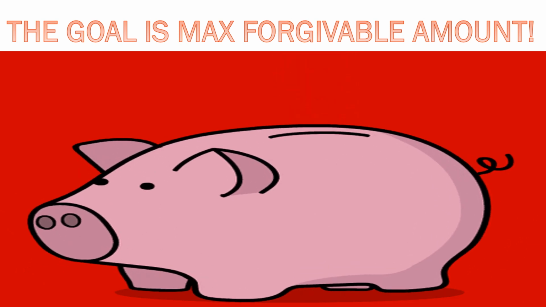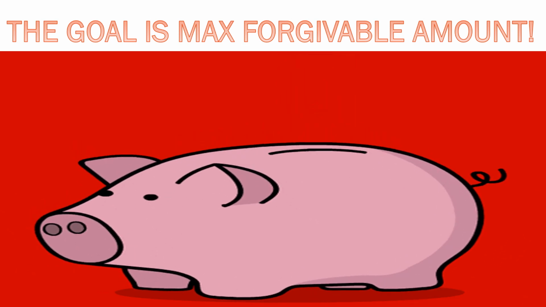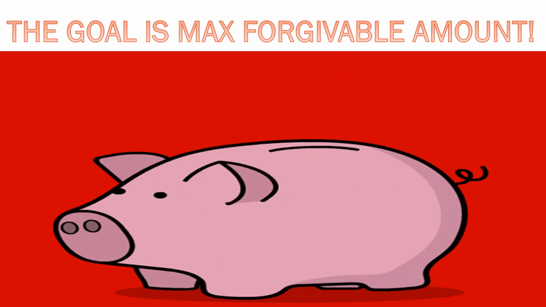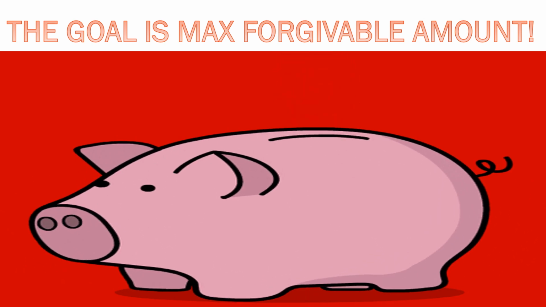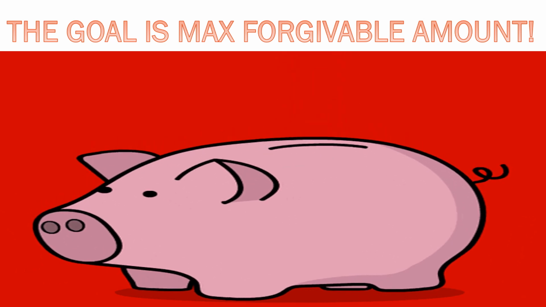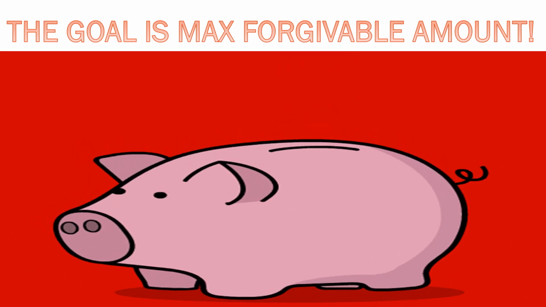The goal is maximum forgivable amount. So if you have the EIDL and you get more than $10,000 and you haven't done your PPP yet, do the PPP and refinance the monies that are over the $10,000 in there. It's going to be a really great strategy to save money.